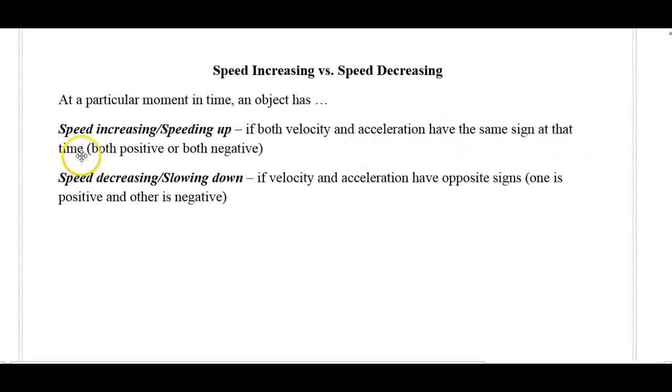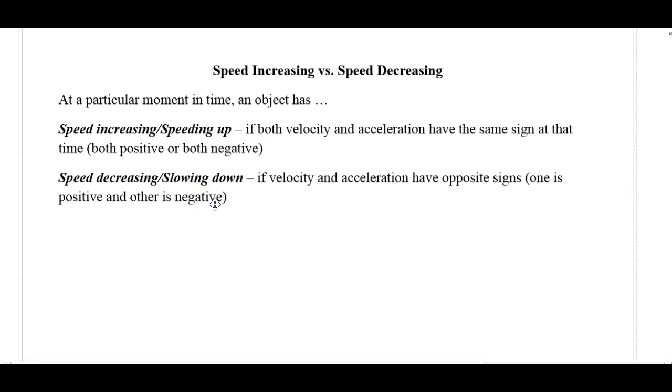So if both are positive or both are negative, then the object's speed is increasing. An object's speed is decreasing, or it is slowing down, if velocity and acceleration have opposite signs. So one of them is positive and the other is negative.